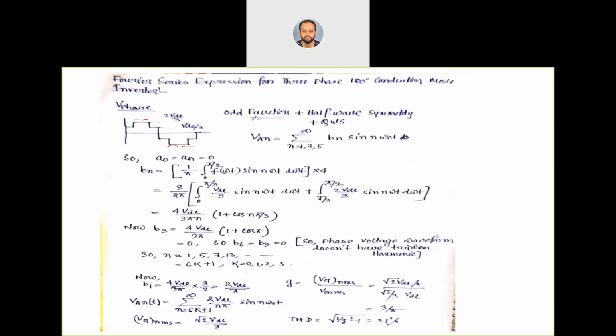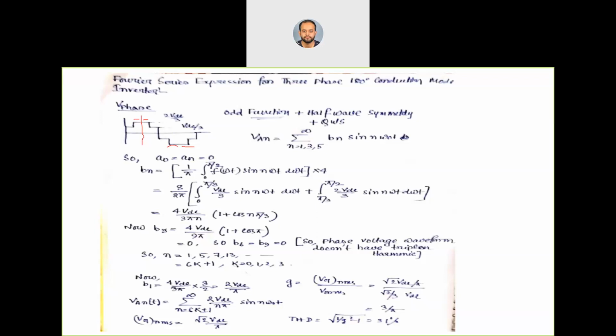So we can say that it is an odd function with quarter wave symmetry. So for quarter wave symmetry we just have to find the waveform up to pi by 2, that means up to this position. So if we find the Bn, its value will look like this.